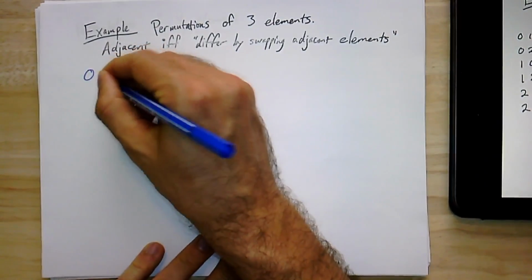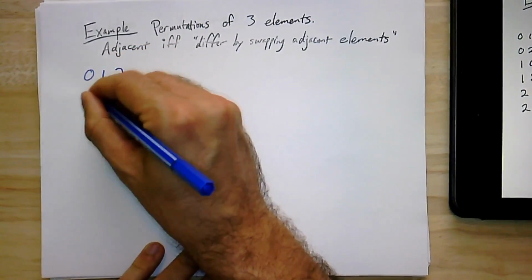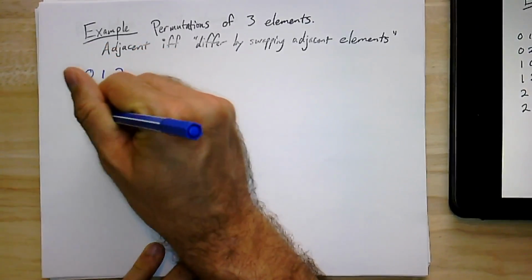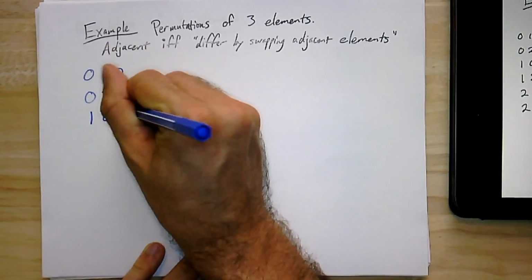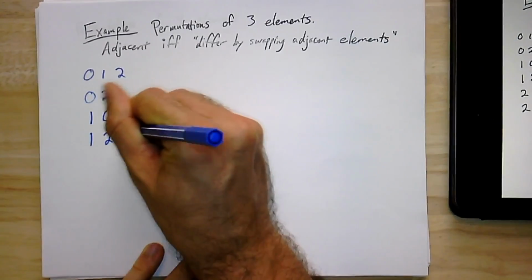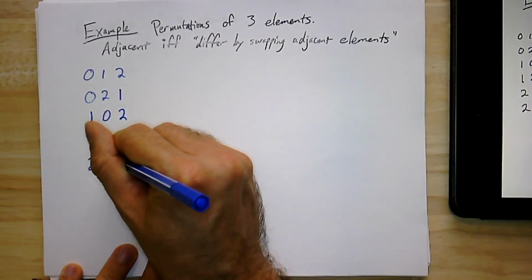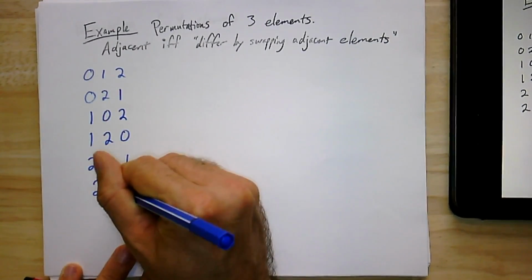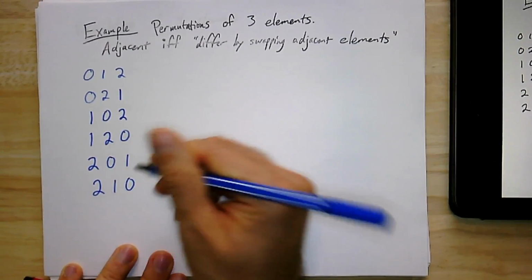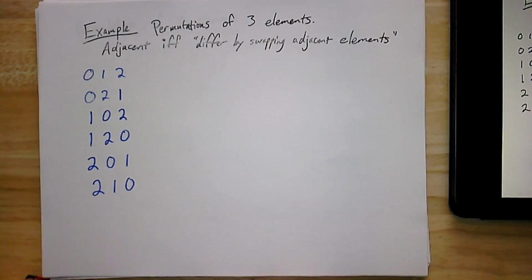So I'm going to write them like this: 0 1 2, 0 2 1, 1 0 2, 1 2 0, 2 0 1, 2 1 0. Okay, so those are my 6 permutations, listed in lexicographic ordering.